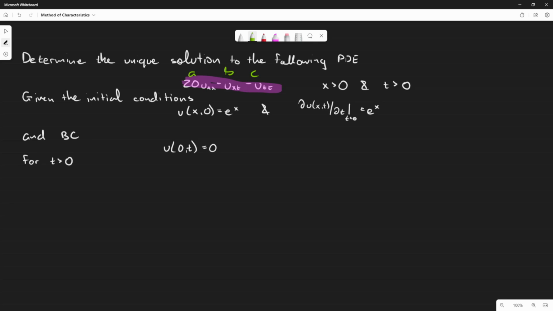In this PDE, A is equal to 20, B is equal to -1, and C is also equal to -1. There are 5 cases we can jump to when solving for the general solution.